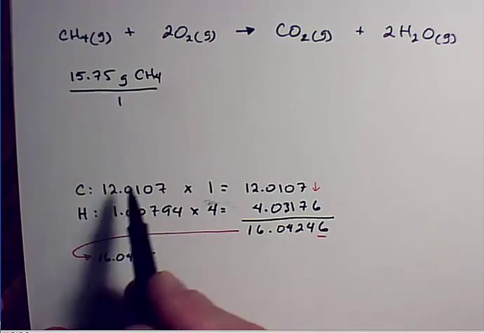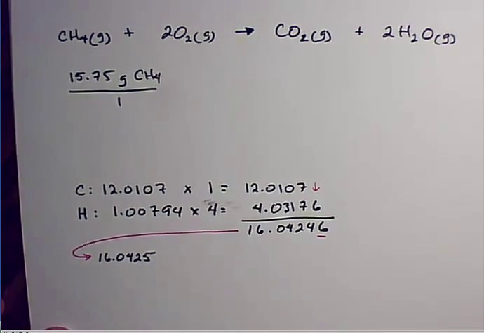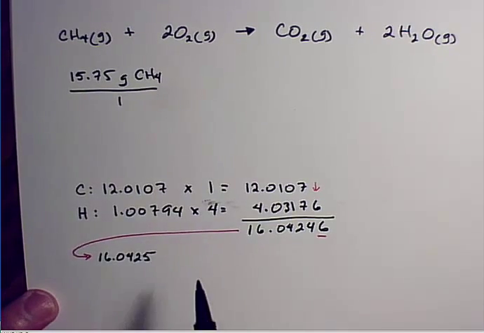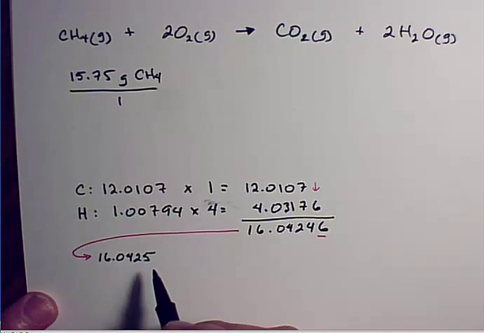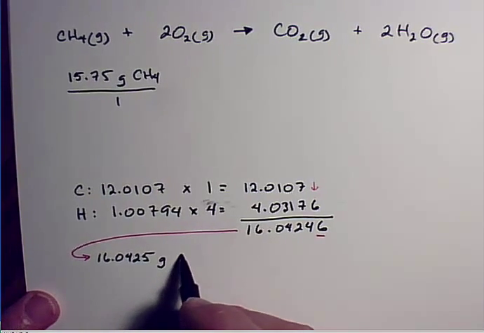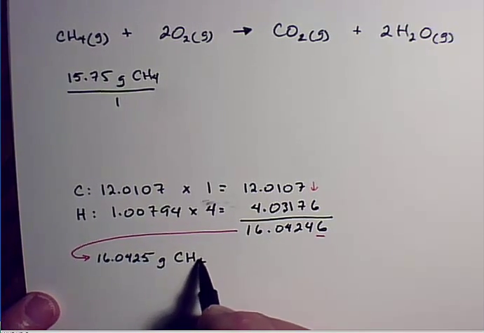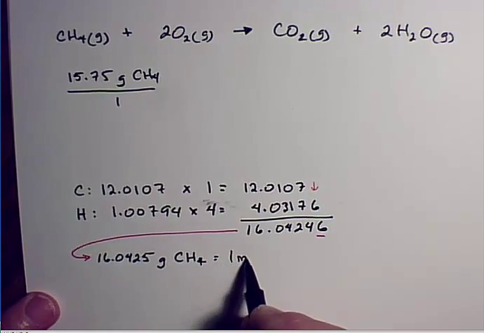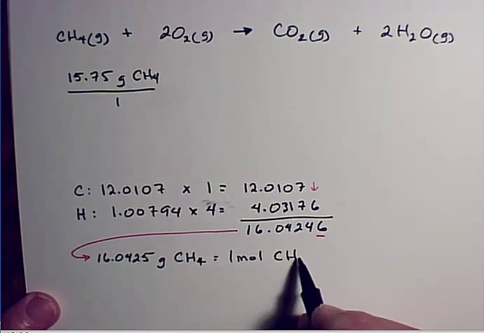And here's what I want you to start doing now. From this point forward, this is the only way that you're allowed to calculate molar mass in this format. Okay? But when you get to this, you've got to have an equality statement. The equality statement is going to work like this. This is grams of whatever the chemical is equal to 1 mole of the chemical.